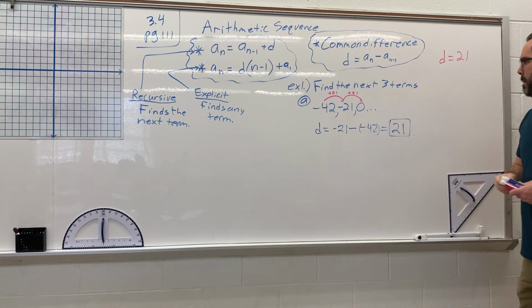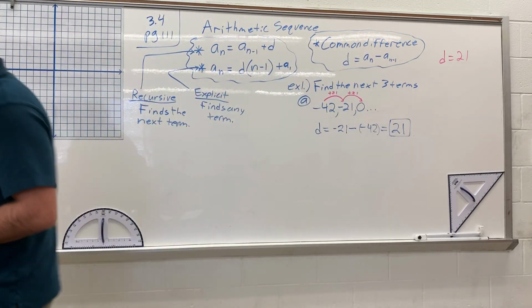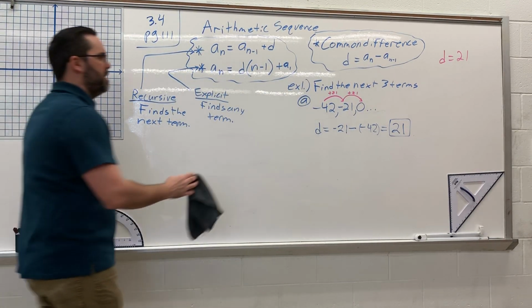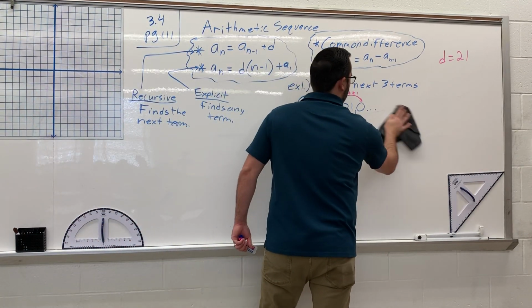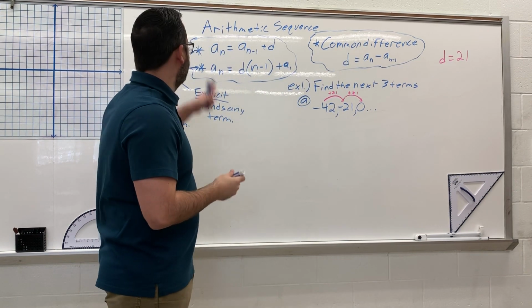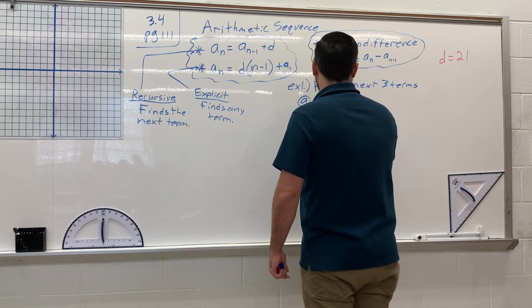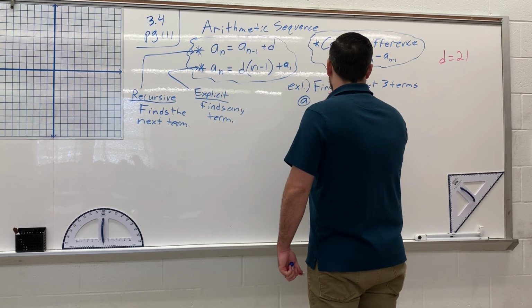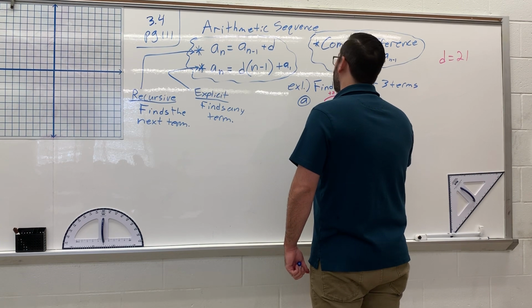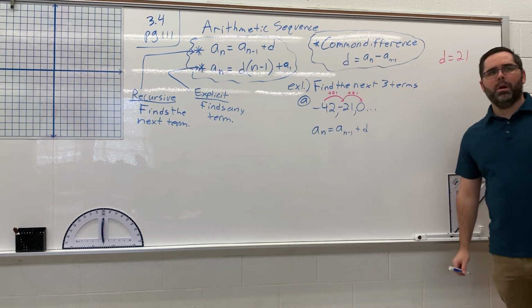So here's how we set it up. I'm going to erase this. Is that all right? So we have the common difference. I don't need this anymore. So we're going to set up the recursive formula. A sub n equals A sub n minus 1 plus D. So what term am I looking for?